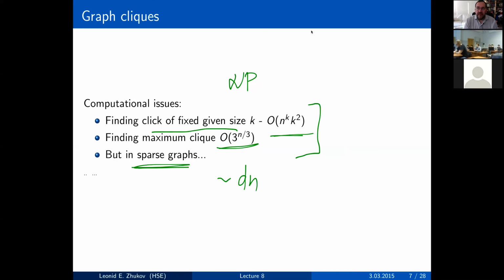So there are still ways to efficiently find maximal and maximum cliques in large sparse graphs. And typically we're interested not just in cliques, because there are just too many, and everything is literally a clique on the graph. But we're interested in maximal and the largest, the maximum clique.